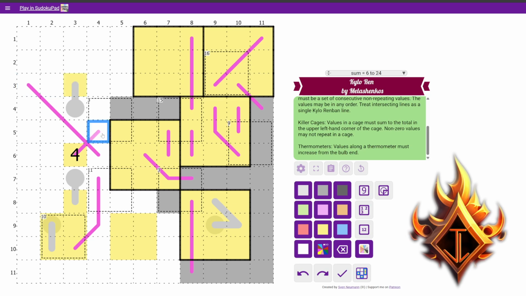If that was gray. But this one could still go like that, which is fine. But honestly, all of those could be yellow as well.